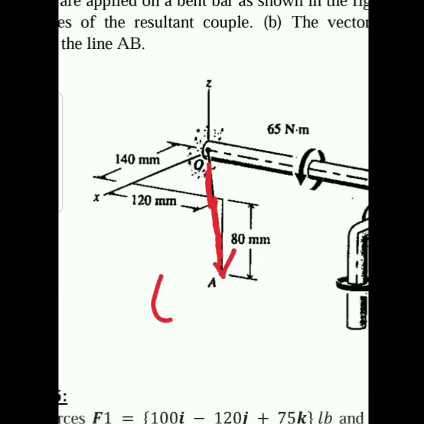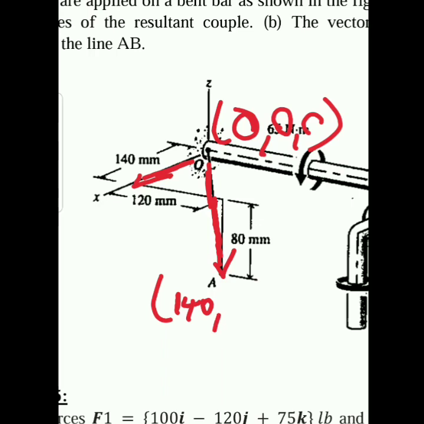We assume this is 0, 0, 0, and at A you're going to move 140 in the x direction, so 140 I, and in the y direction we're moving 120, so 120 J, and in the z direction negative 80. So that would be our coordinates at A.